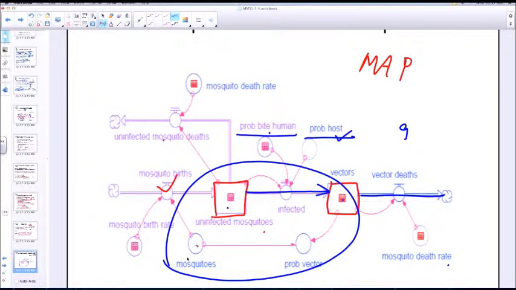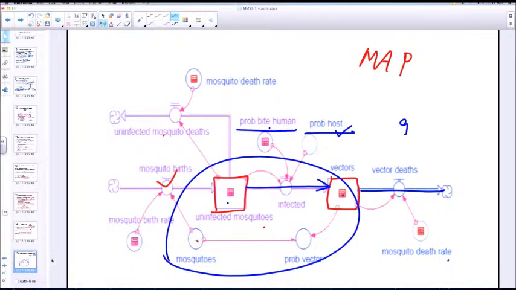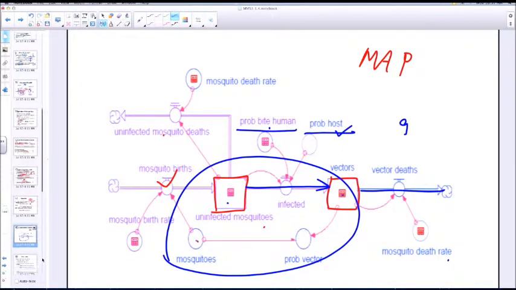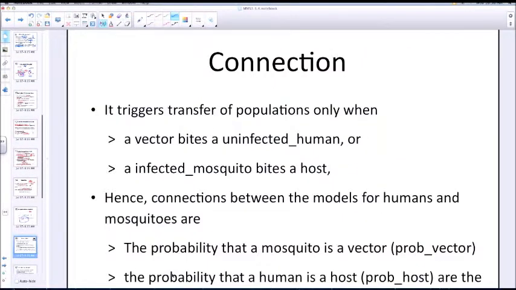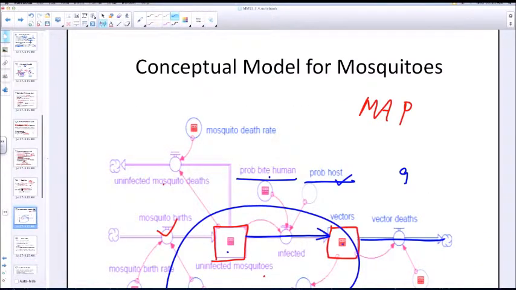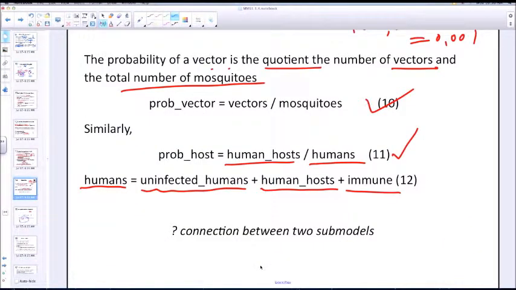All right, so we got this mosquito model, and now we look at both the human population model and the mosquito model. Now I ask you a question. You have to think about it seriously.